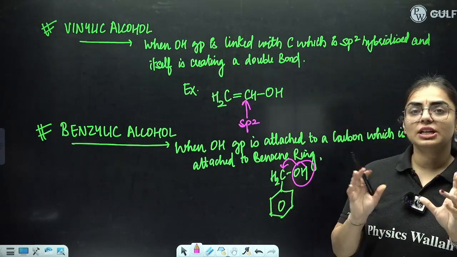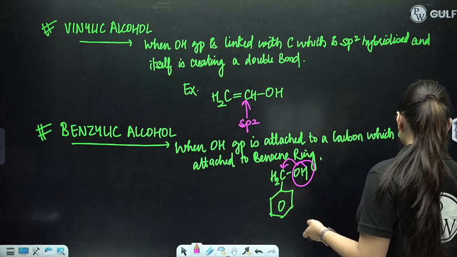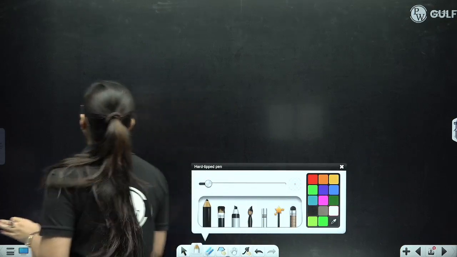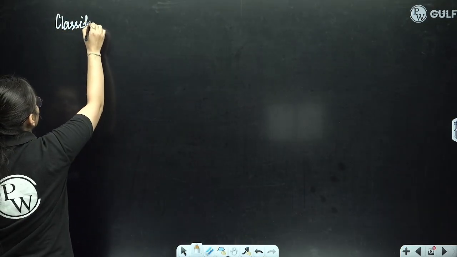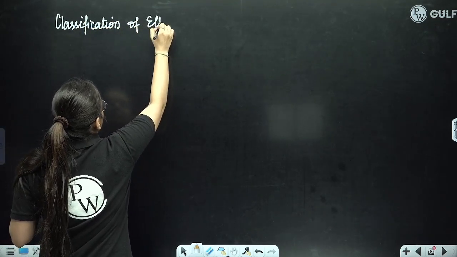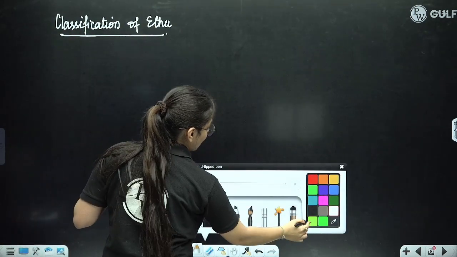So this ends our classification with regard to alcohol, students. Now in phenol there is no as such classification, but yes, in ether there is a classification. So now we are going to do classification of ether. Now I already told you what exactly is ether.